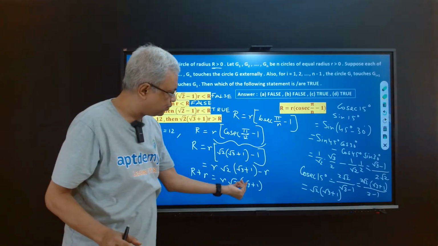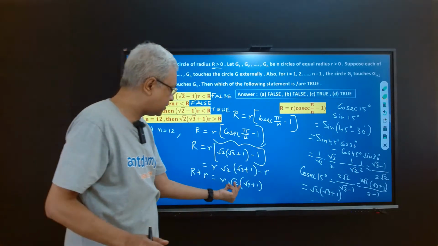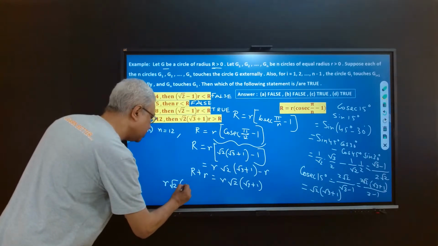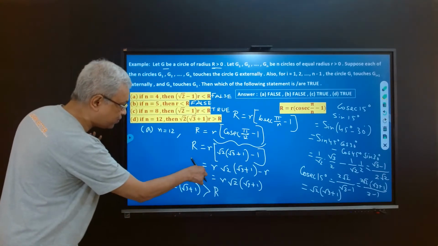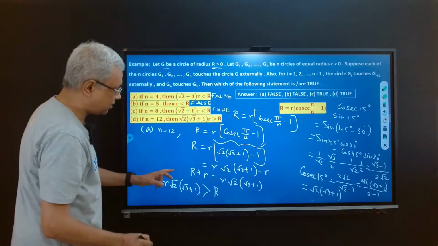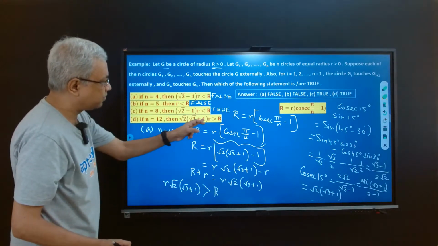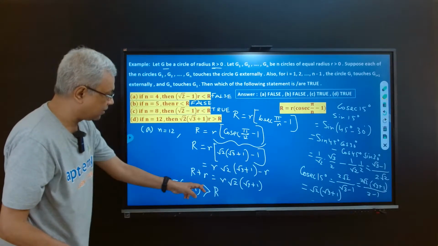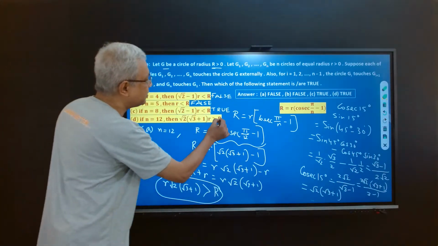R plus r is r times root 2 multiplied by root 3 plus 1. So I can readily write that root 2 into root 3 plus 1 times r is definitely greater than r, because when r is added with small r, I get this. So this quantity is definitely more than r, and this statement is what? R is less than root 2 into root 3 plus 1 multiplied by r. So I have got exactly the same result. That means this statement is true.